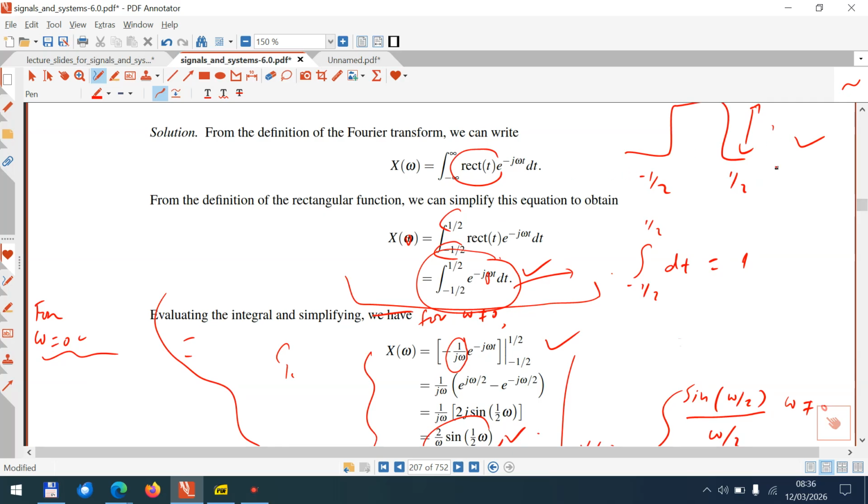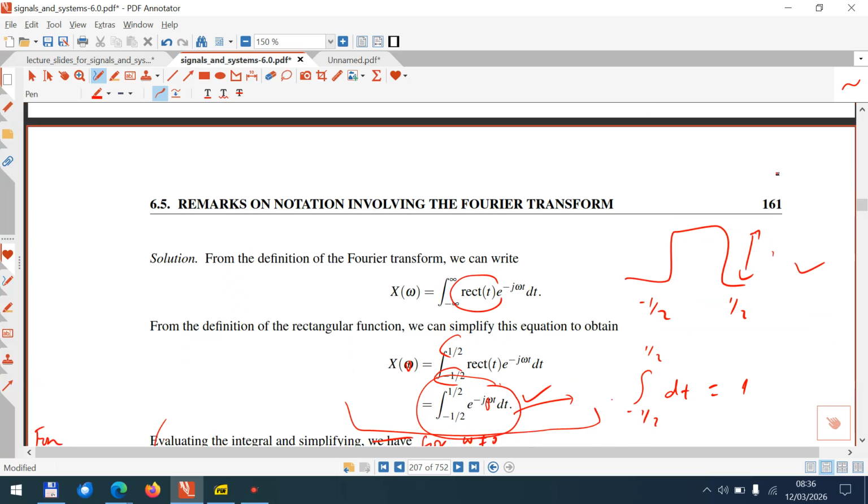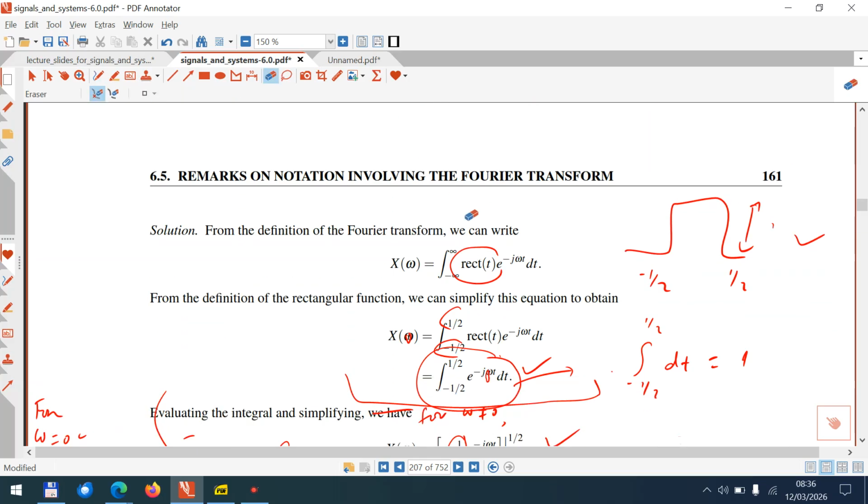But if you try something like that, let's try the same thing for the unit step to see the problem. So let's pretend that this is u of t. Instead of rect t, you have u of t.